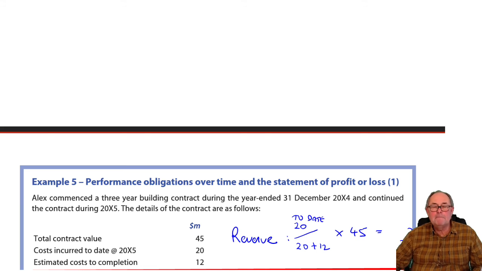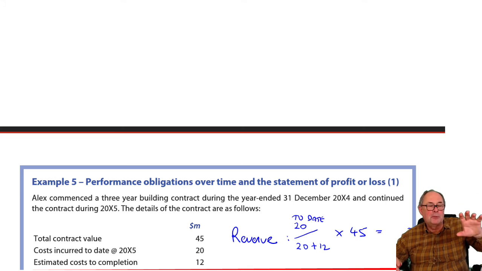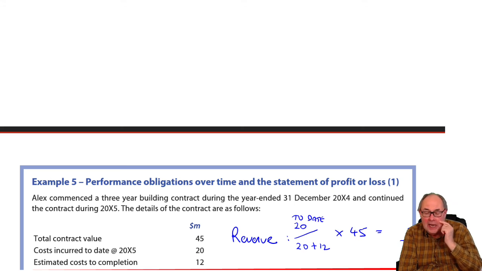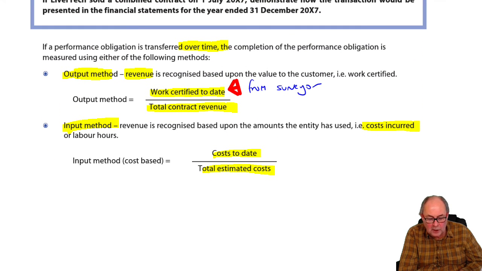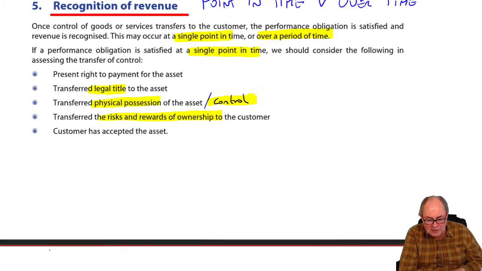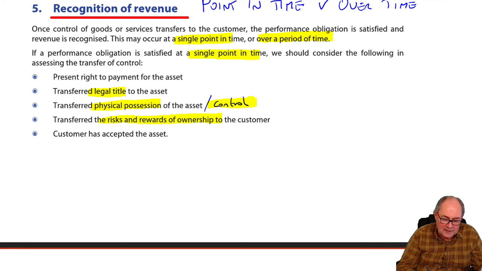5-stage model then: identify the contract, its obligations and the price, allocate the price to the obligations, and recognise the revenue as the performance obligation is satisfied. And what I might do just back here is just kind of write that in bold. So what we need to ask about with recognition of revenue is essentially, I'm just going to write it back here.